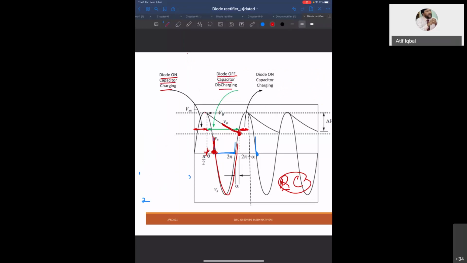So what is the instant theta at which your diode will be off and the capacitor will start discharging? And alpha is the instant at which the capacitor will start charging again, when the diode will be on in the next cycle. So we have to find out the values of theta and alpha. Okay.